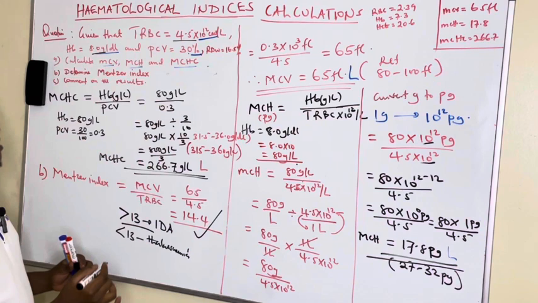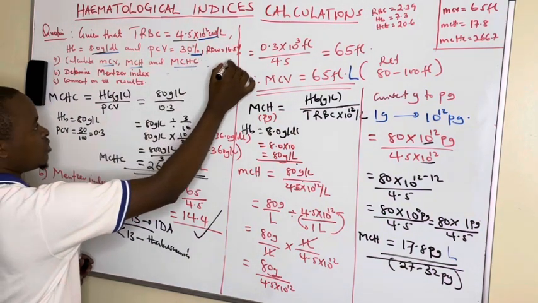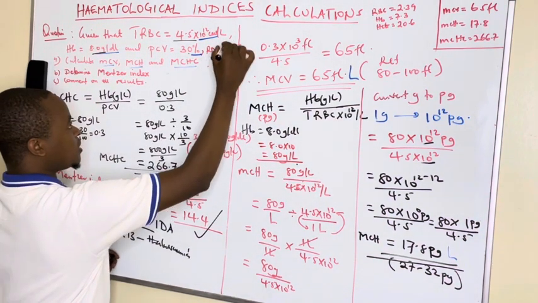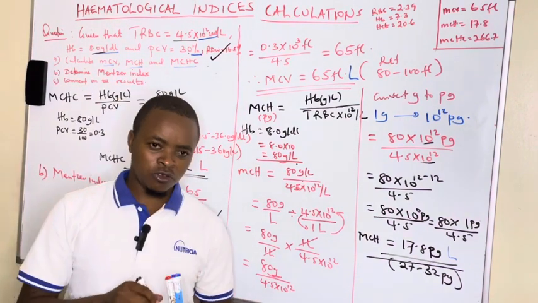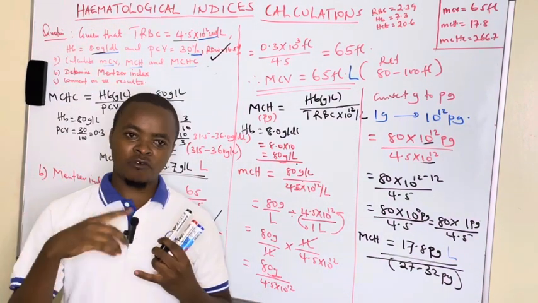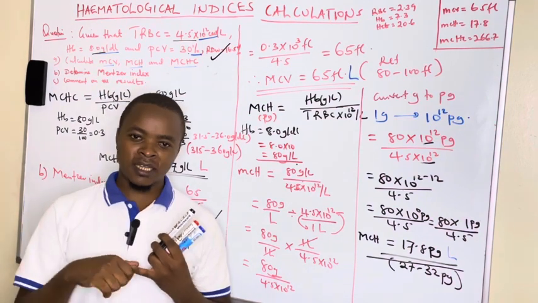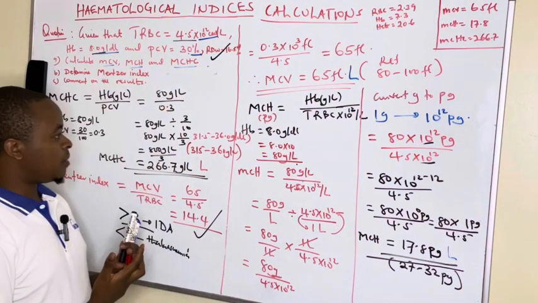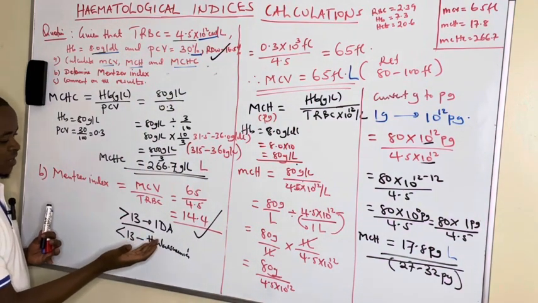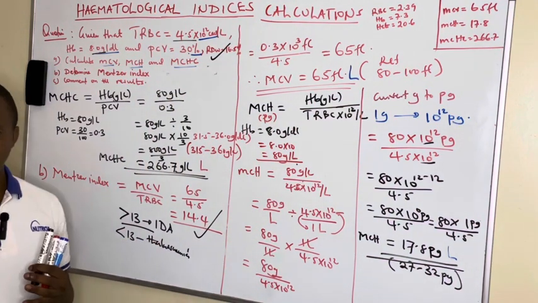And still this is being backed up by the red cell distribution width, which is also high, 16.5%. So whenever Mentzer index is above 13 and RDW is high, you can distinguish iron deficiency anemia from thalassemias.